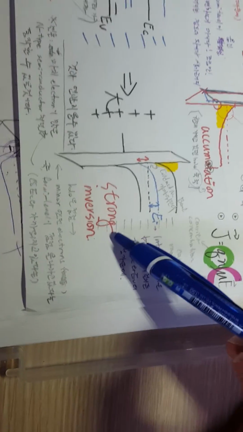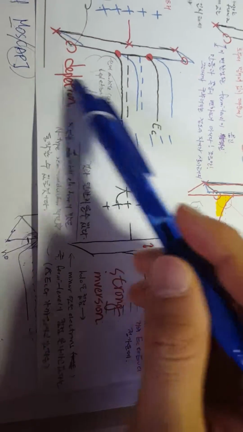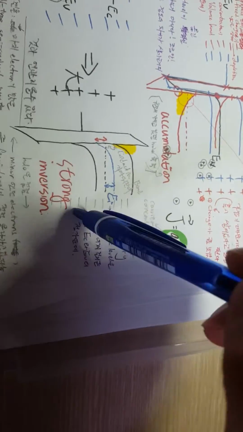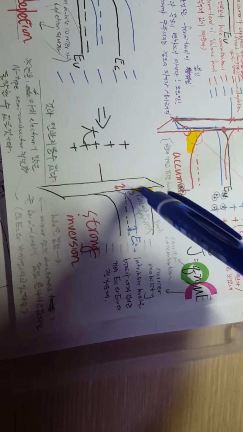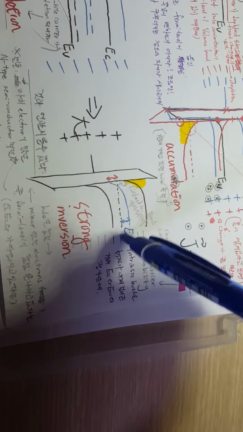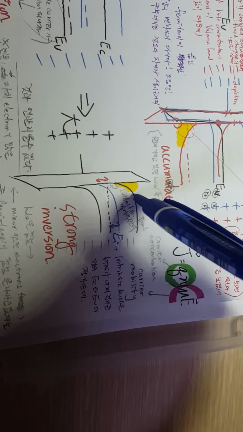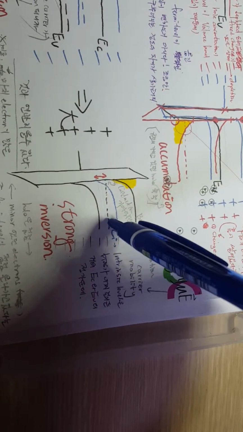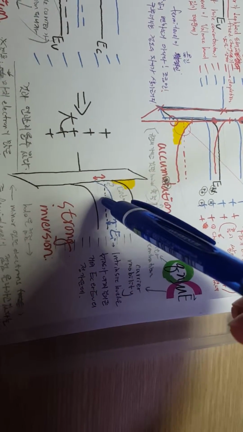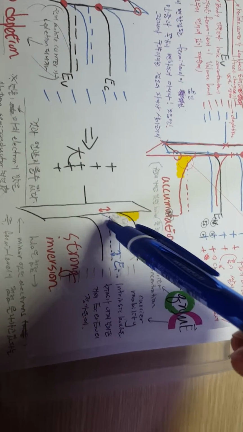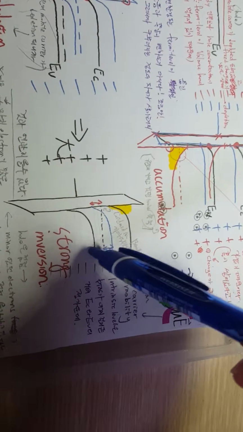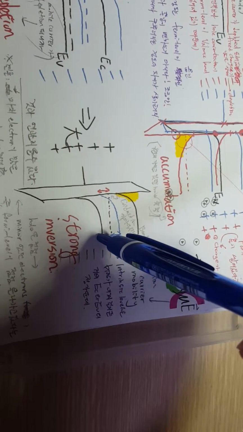And last, strong inversion. When there's much more plus bias for the gate and much more minus bias for the body, you can see the bands bend more like this. And the most important part is, let's see, the Fermi level and conduction band are really close, even closer than the valence band.